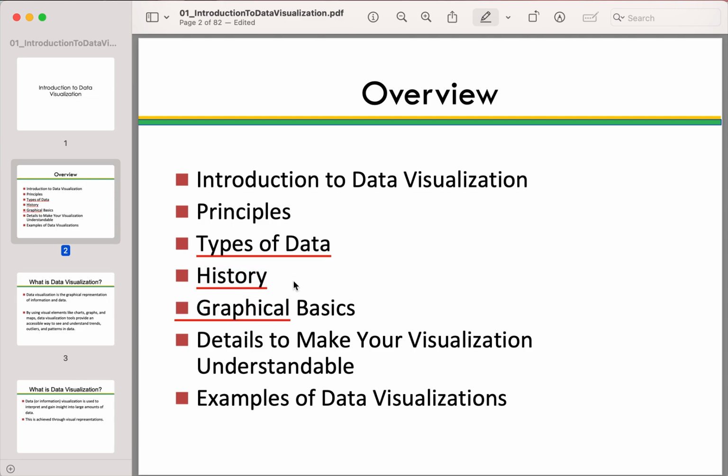We will look at some history and then at visualization of the data and graphics. So, graphical basics, details on how to make the visualizations understandable, and finally we will look at some examples of data visualizations.